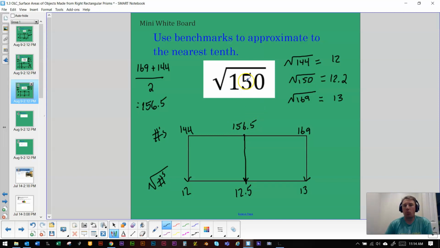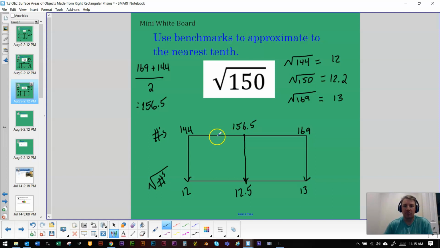Now we have to decide, where does 150 fit on the top? If this is 144 and this is 156, okay, that's a gap of about 8.5. So I'm just thinking out loud here, is 152.